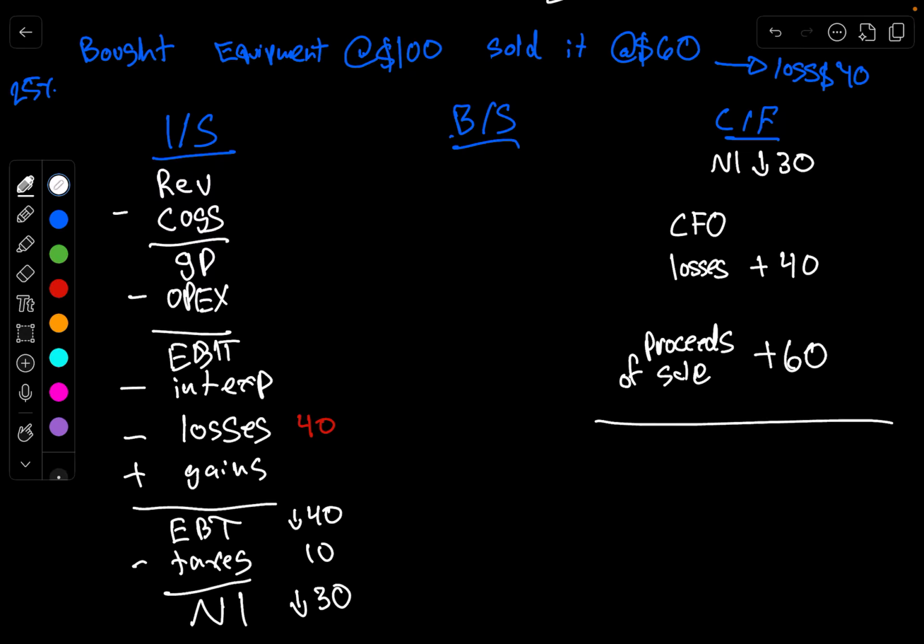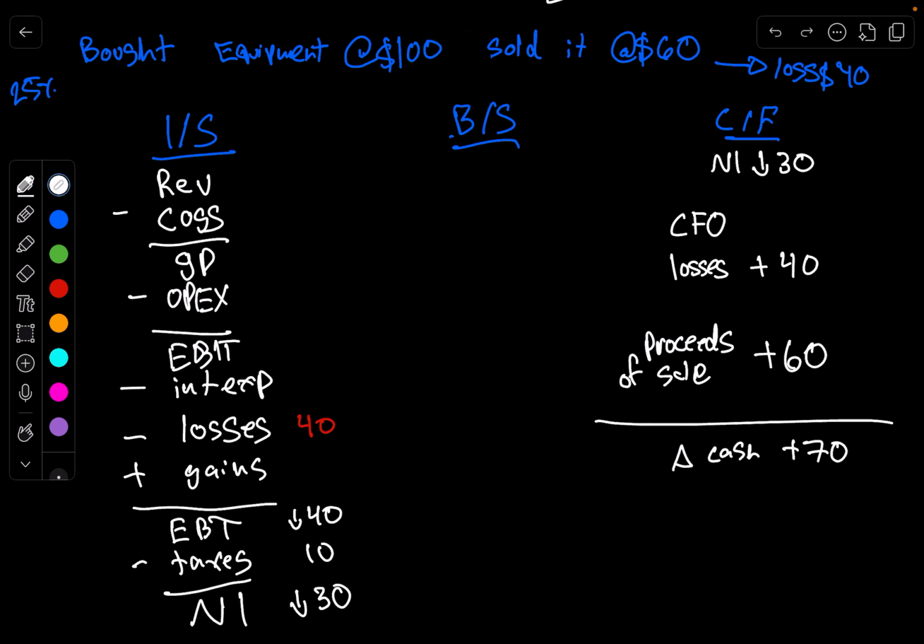That is 70. So the change in cash is a positive 70. And let's think about this from a different perspective. What happened? I sold some equipment and I got $60 of cash on hand, and I got $10 worth of tax savings because of the loss.